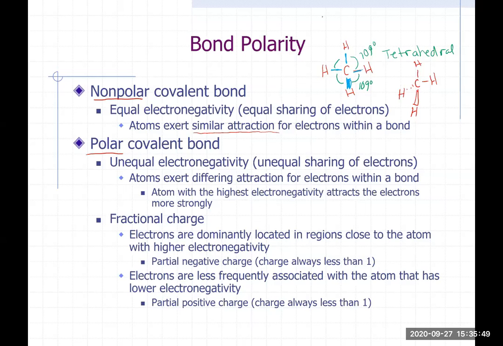Carbon has an electronegativity value of 2.5. And again, I'm not going to ask you to memorize. I'll give you these numbers. Hydrogen has an electronegativity value of 2.1. And so I can use those values to calculate the dipole here. And that dipole is 0.4. That's the difference between those two values. It turns out that 0.4 is right at the limit of being nonpolar. And I'm just going to write NP for nonpolar.